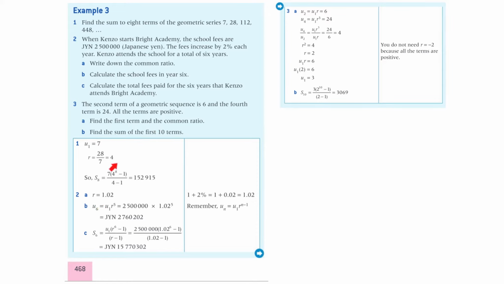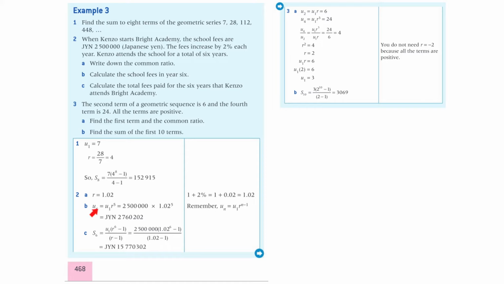And it says write down the common ratio. So when it's 2%, it goes up by 1.02. Okay, so you multiply by that. Calculate the school fees in year 6. Okay, so that's the first year there, so that's U1 times R, which is 1.02 to the power of n minus 1.